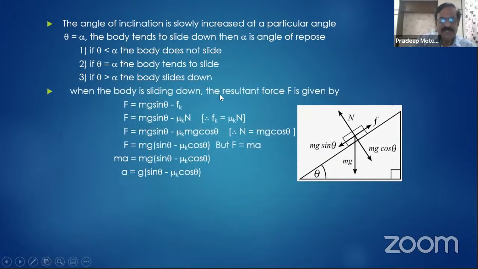So when the body is sliding down, what is the resultant force? It is sliding down. That means this mg sin theta is more than kinetic friction. So that is why you can take F is equal to mg sin theta minus Fk, that is kinetic friction.